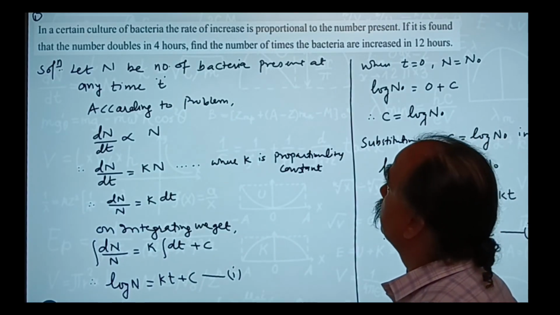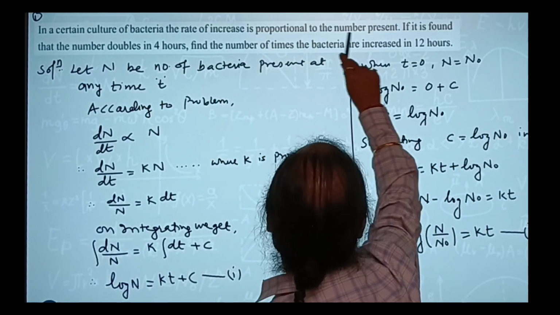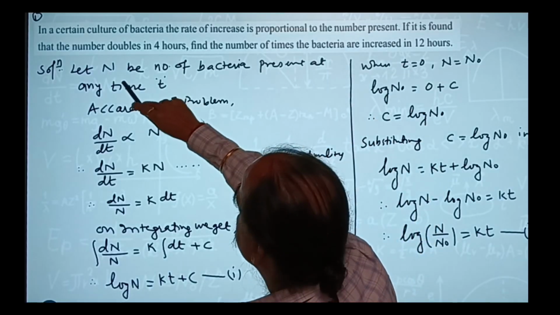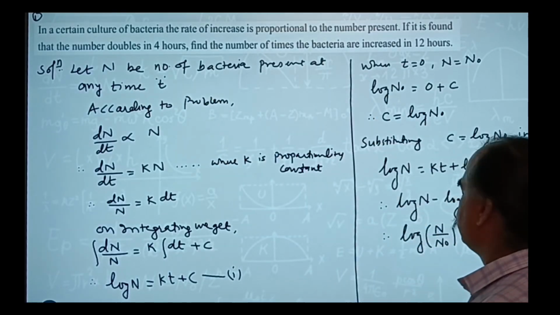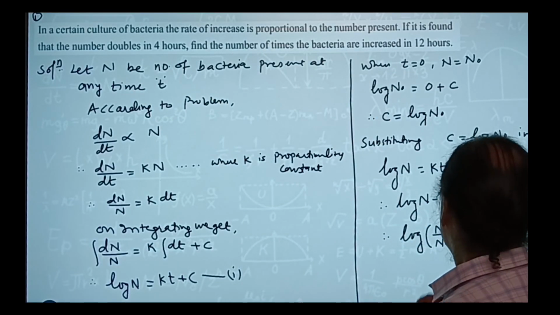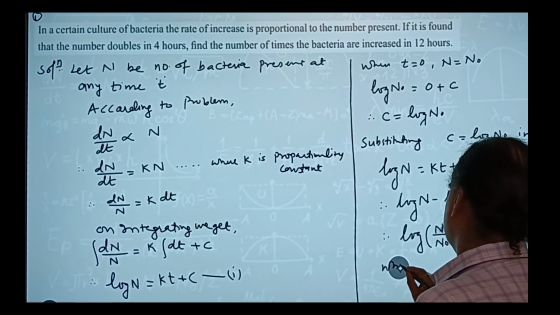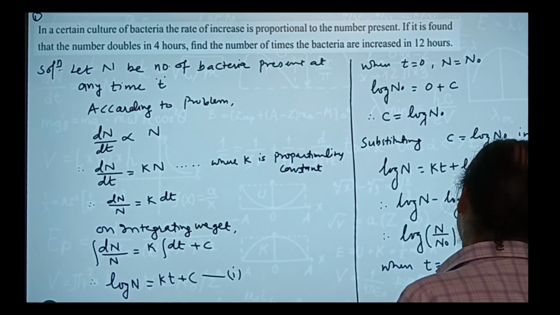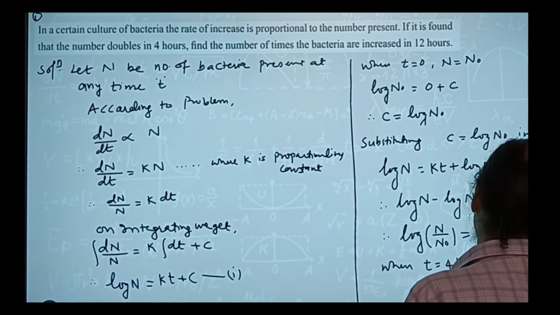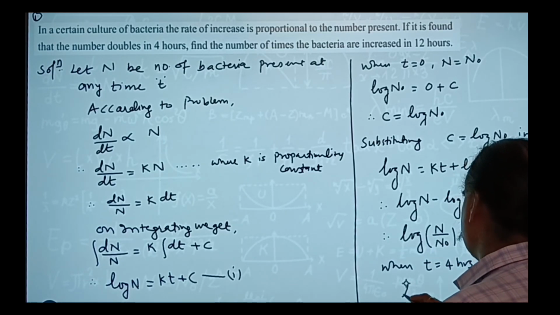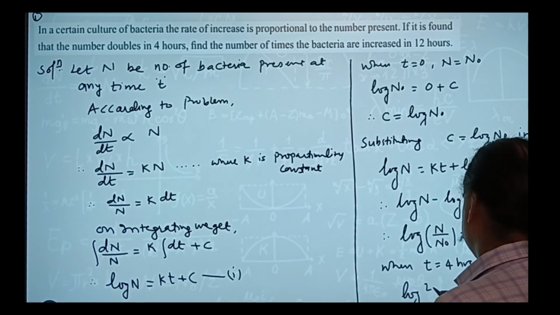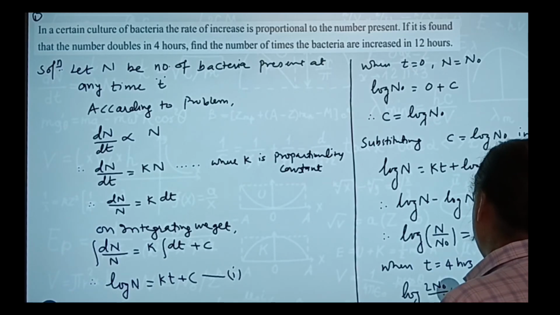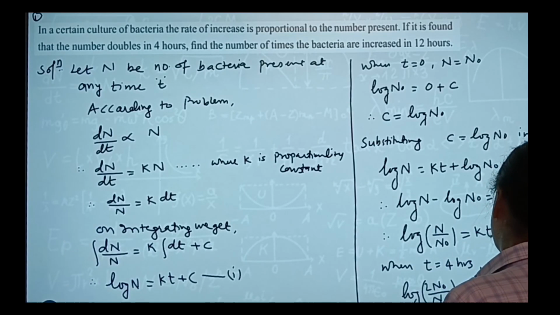So what they are saying, if it is found that the number doubles in 4 hours, when time is 4, n becomes 2n0. When t is 4 hours, n becomes 2n0. We'll get log 2n0 upon n0 is equal to 4k.